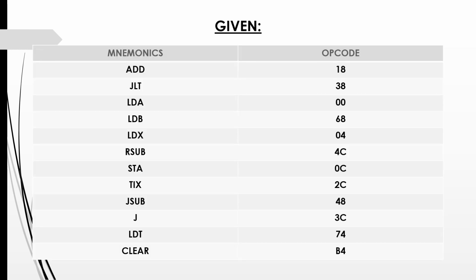And they will also be giving some of the mnemonics and their object codes with the question to solve the object code. Some of the mnemonics are ADD, JLT, LDA, LDB and so on, and their respective object codes are given.